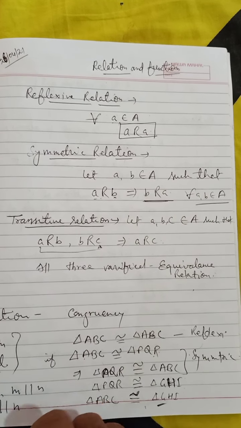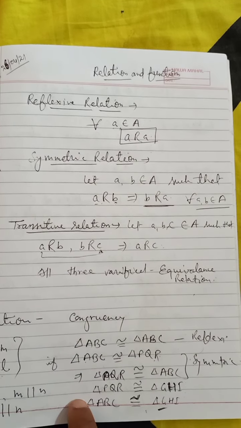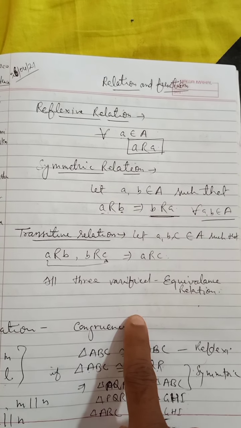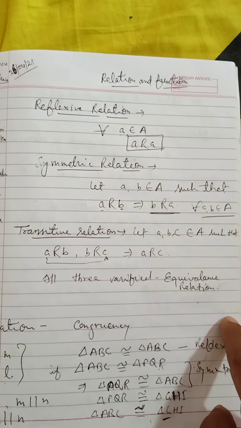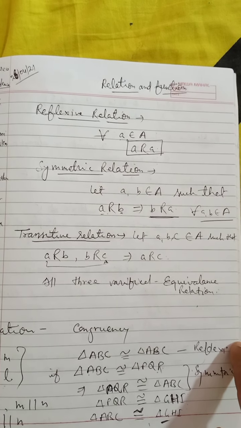Okay, so again we take the similarity condition. Triangle ABC is similar to triangle PQR, triangle PQR is similar to triangle XYZ, then triangle ABC is also similar to triangle XYZ.